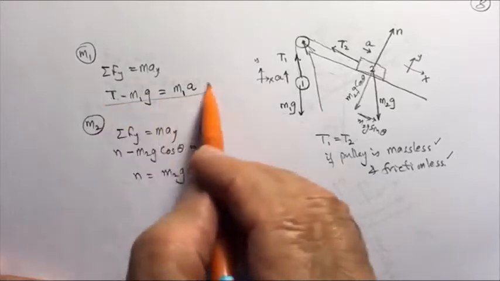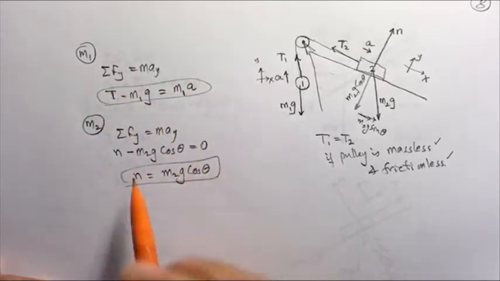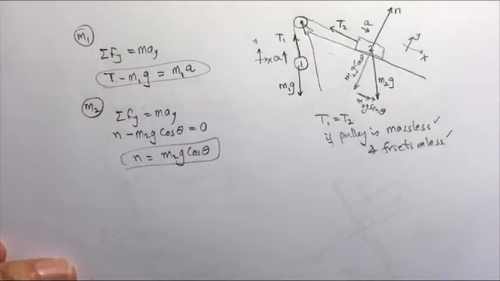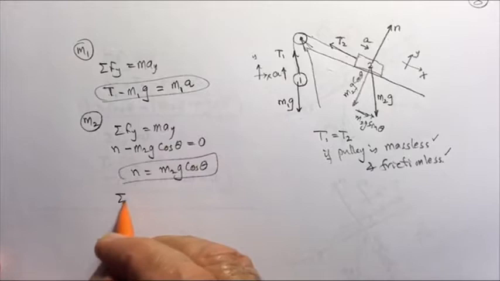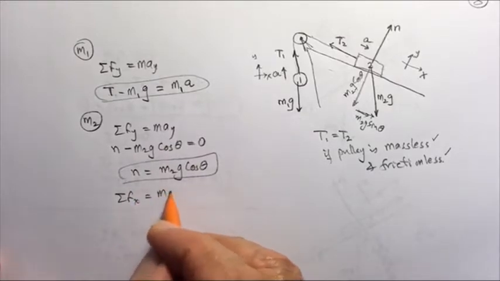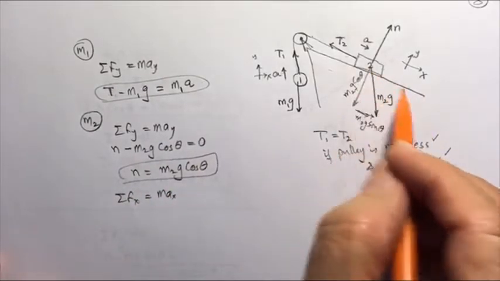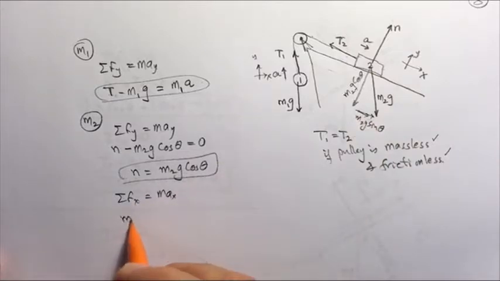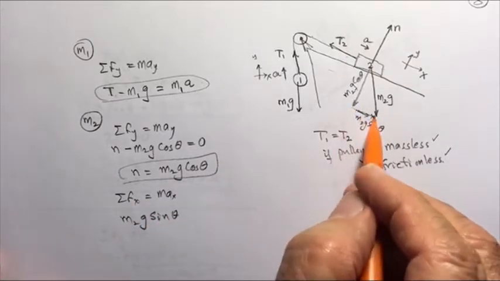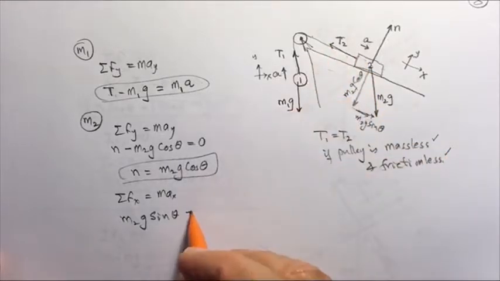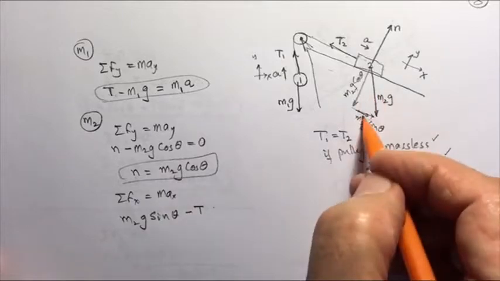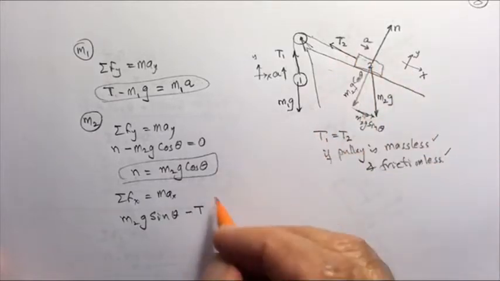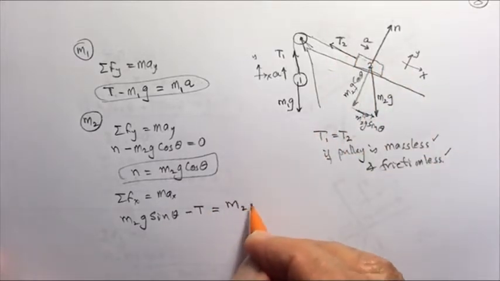So we have one equation here, we have one equation here, and now we write the sum of forces in the x direction. So we have this one, M2g sin theta, that's in the x direction, and minus T2, but T2 is the same as T1, so minus T. Only two forces, equals M2a.